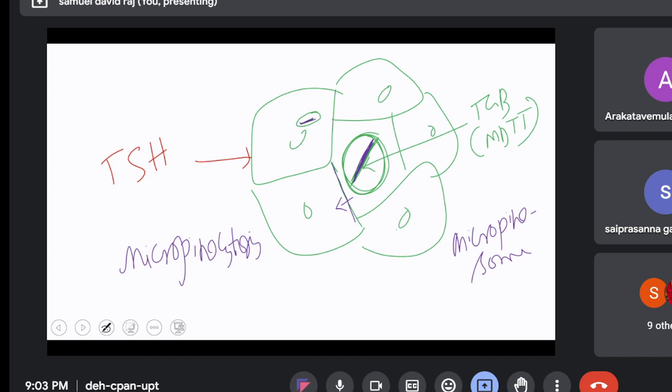Now, because this is a cell, it contains all the cell organelles, and one such organelle is the lysosome. So it combines with a lysosome. The lysosome is a primary lysosome. When it combines with the pinosome or phagosome, it becomes a secondary lysosome.